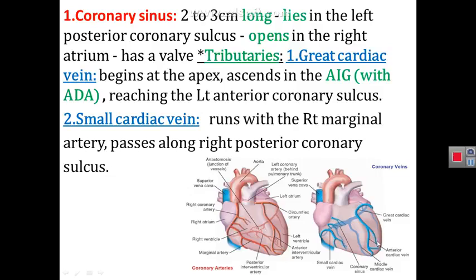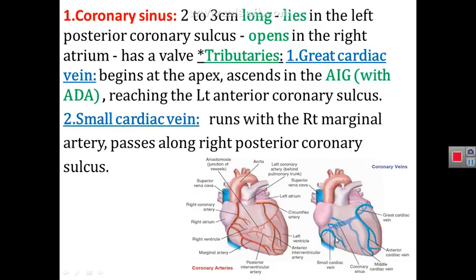It begins at the apex of the heart and ascends in the anterior interventricular sulcus, and then reaches the left side of the coronary sinus. The other tributary for the coronary sinus is the small cardiac vein, which is this one.